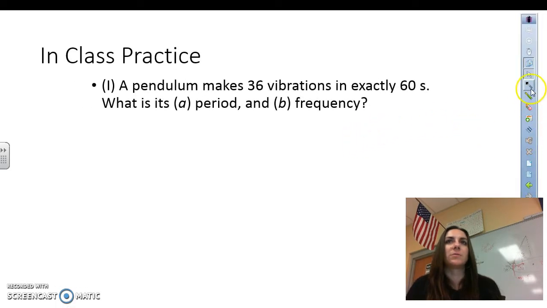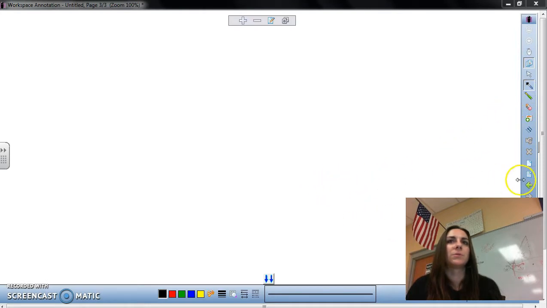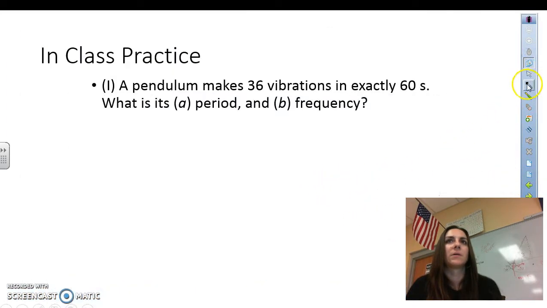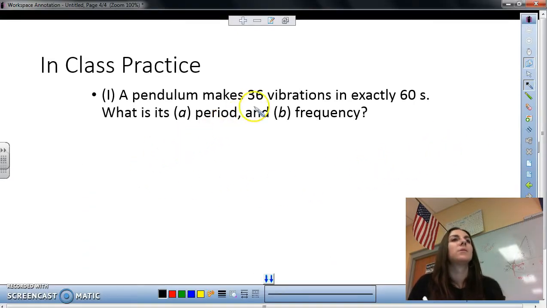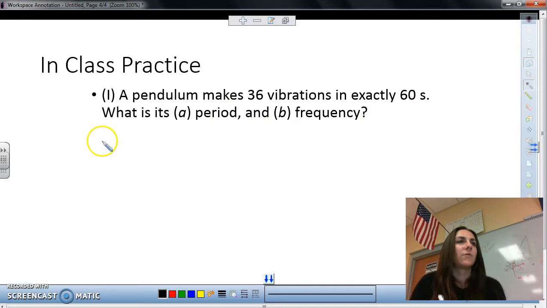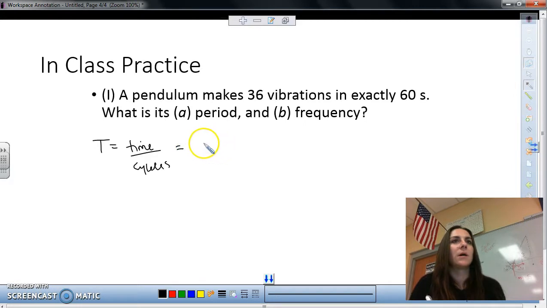But I could do this really quickly, just for the sake of doing it. Here we go. So a pendulum makes this many vibrations in that many seconds. So for period, T is the time per cycles. So that will be the time, 60 seconds divided by 36 cycles, like that.